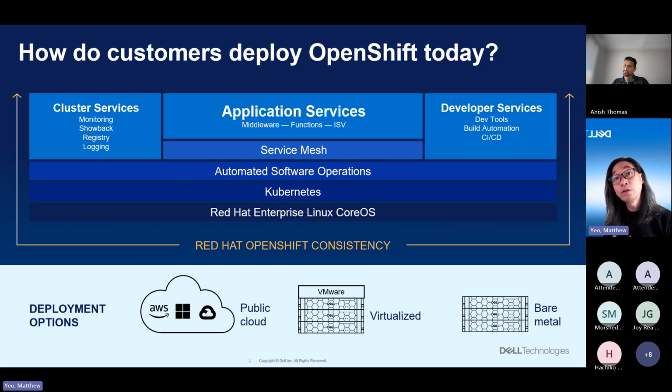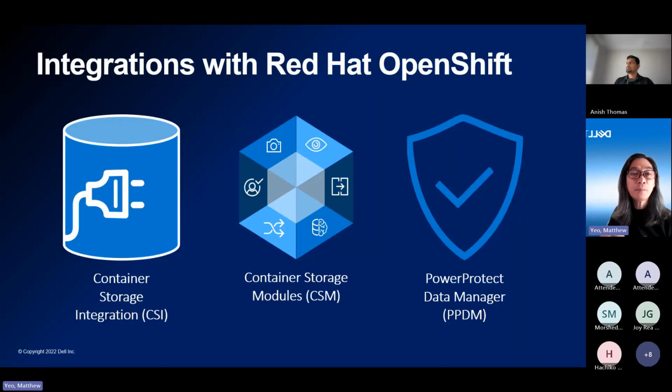So this is a natural progression for customers, because now that they are running more container workloads, especially on OpenShift, it makes more sense to actually run those workloads on bare metal, because that will give you the best performance, best control from a security, from a management perspective, and from a lifecycle perspective. And that's where we start to see that shift. And from a Dell perspective, we are working very closely with Red Hat OpenShift to provide all the solutions across their environments on how customers deploy it today.